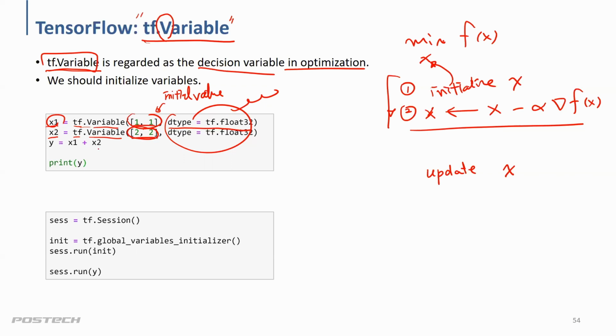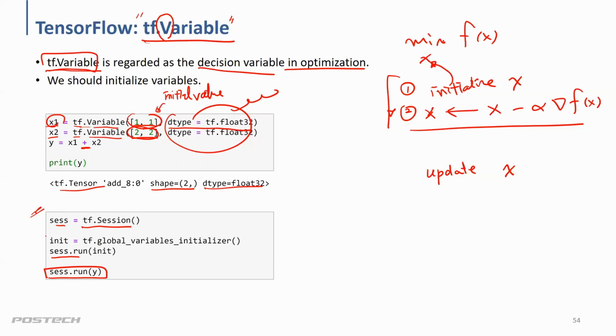Okay, so I'm gonna do the plus operation. Again, since I didn't put everything into the session, there's no answer at this moment. But at least we know that the shape is 2, and we know the data types. The next step is I'm going to create a tf.Session and run it.